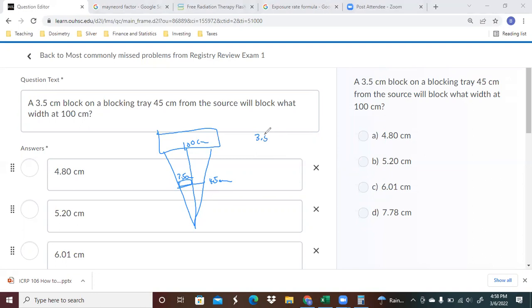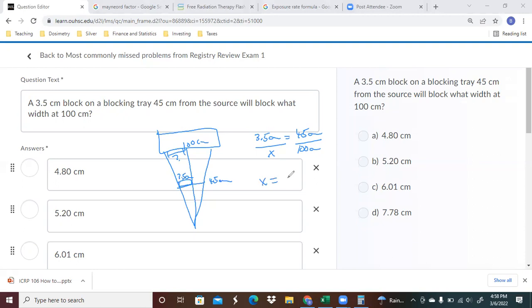So we've got 3.5 cm that is blocking, or that is the measurement of 45 cm. We have some other length over here, which we don't know what this new blocking length is, but we know it is at 100 cm.